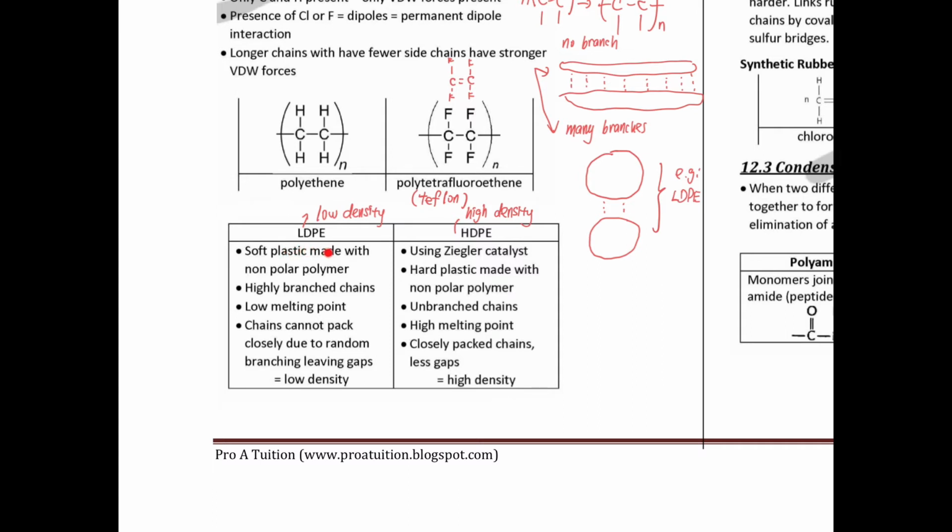Do we need to use the catalyst? Actually, no need. So with a catalyst, they can form more specific structures. Without a catalyst, maybe the structures are quite random. Okay, with a catalyst, more specific structures can be formed.